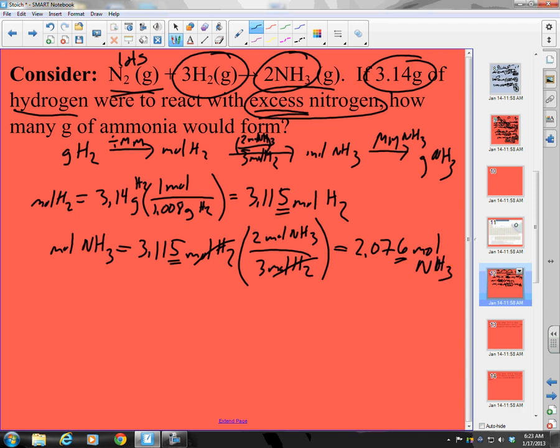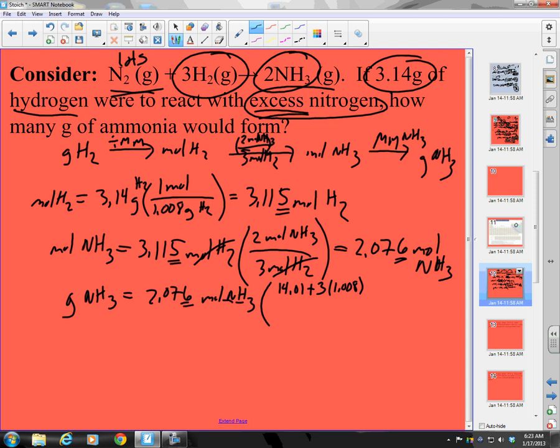Then grams of ammonia. Grams of ammonia equals 2.076 moles of ammonia times what? Okay, I have 14.01 plus 3 times 1.008. What am I doing there? Well, that's my molar mass, right? My 1 nitrogen and 3 hydrogens.